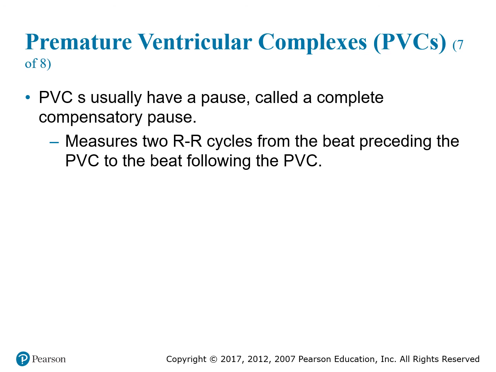PVCs usually have a pause, which we call a complete compensatory pause. Basically, a compensatory pause is the measurement from the beat before the PVC to the beat after the PVC, which is equal to 2 RR intervals of the underlying rhythm.